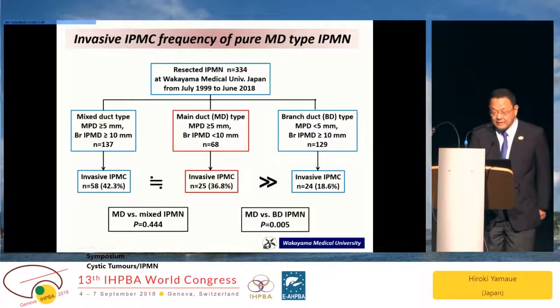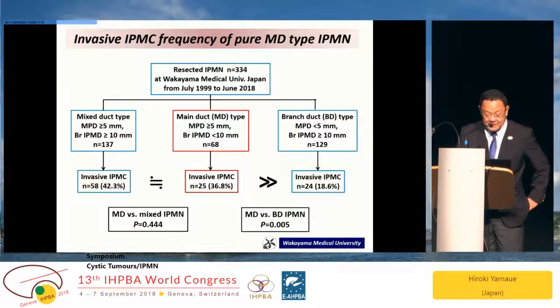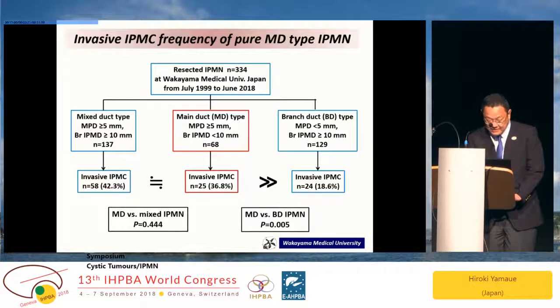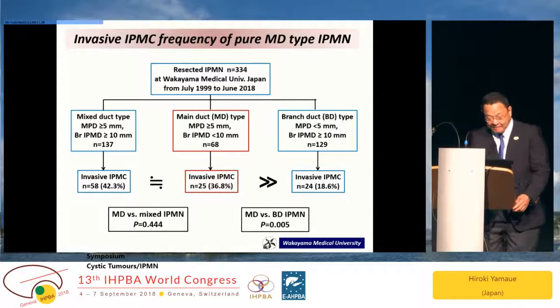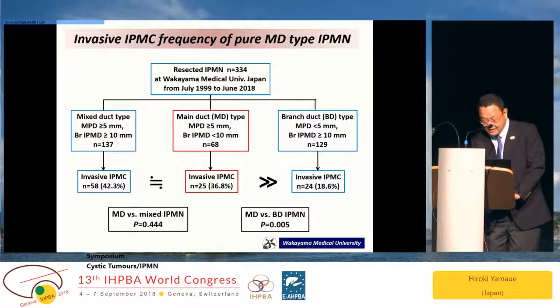And what about the invasive IPMC frequency? The frequency was 36.8%, which is almost similar to the mixed type IPMN, and a higher incidence compared to the branch type IPMN.